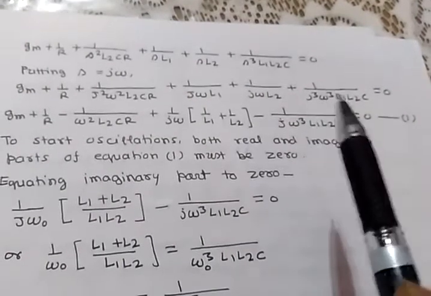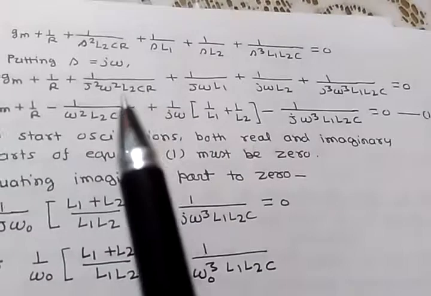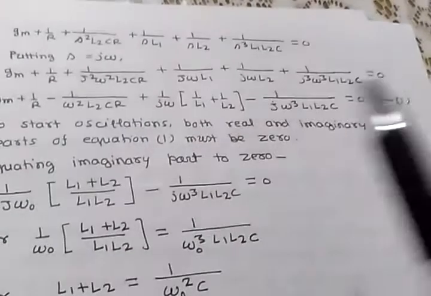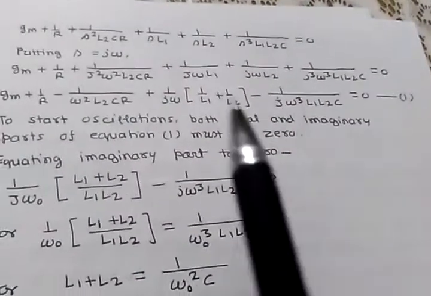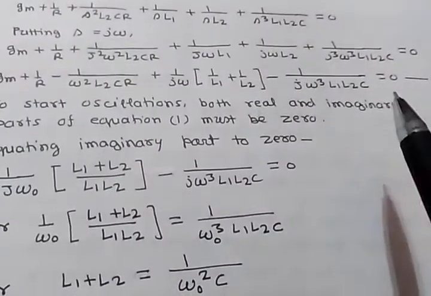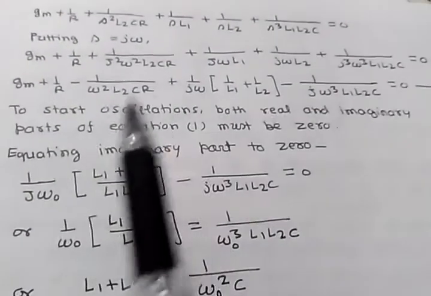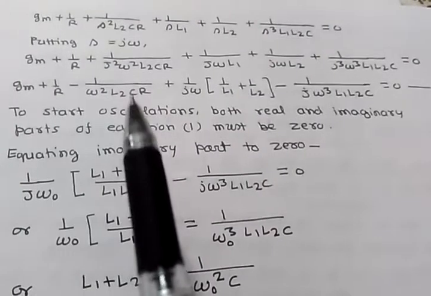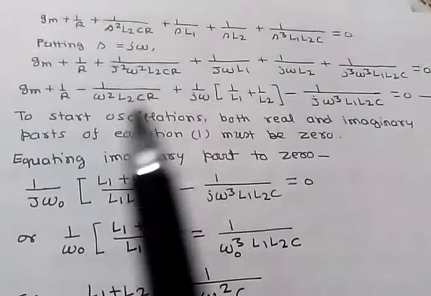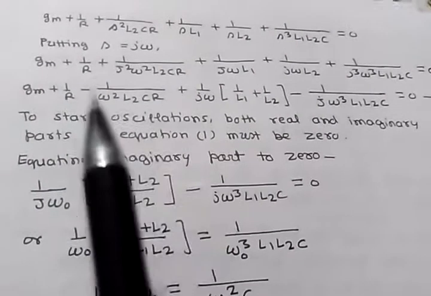Simplify the equation. Put j square equals -1. In this way, we can write this expression like this. See this expression carefully. This expression has two parts.